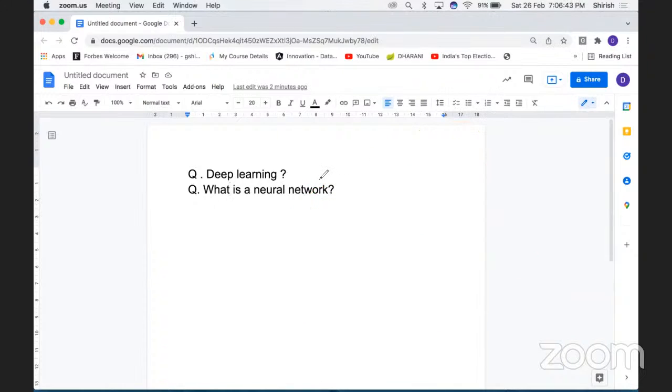The neurons you are calling are nothing but the nodes. The same concept of neural network is used in CNN, or in RNN, or in GAN.